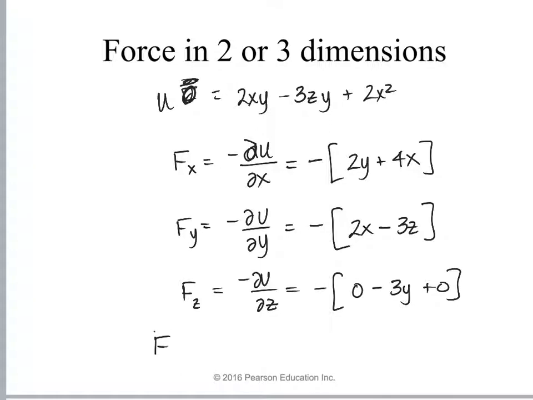So this force, the way I would write this, is it would look like minus 2y minus 4x is the x component, and then 3z minus 2x is the y component, and then minus 3y is the z component.